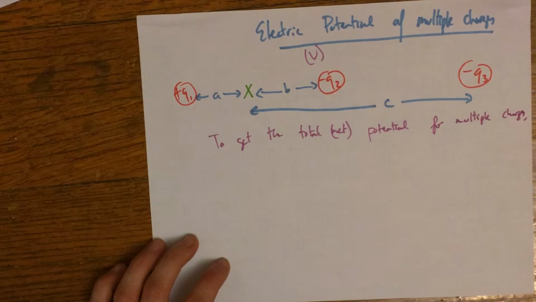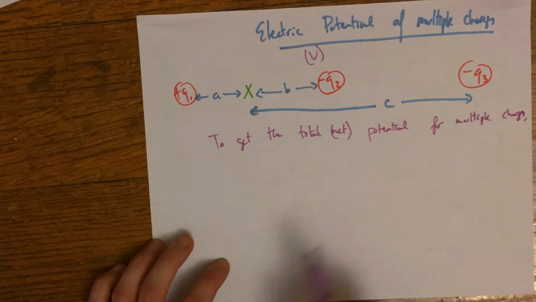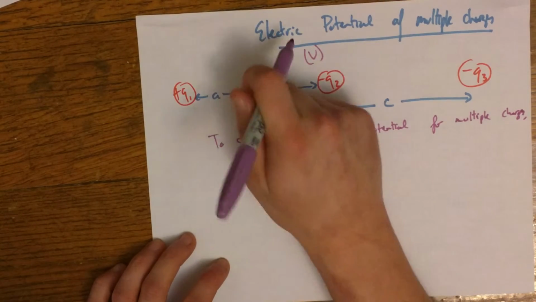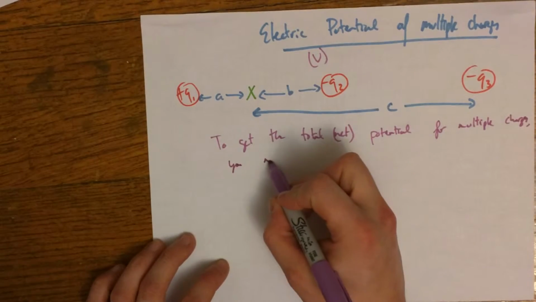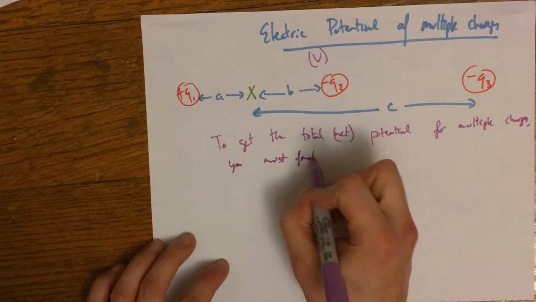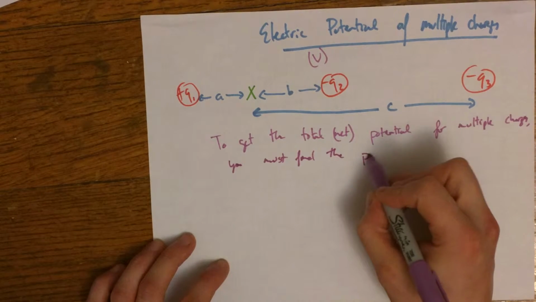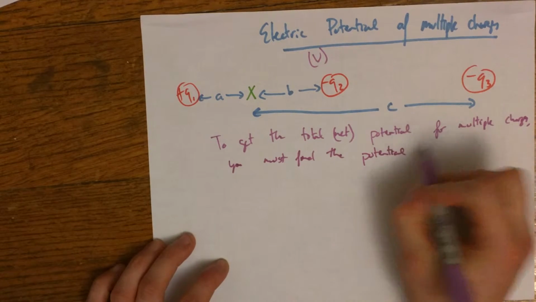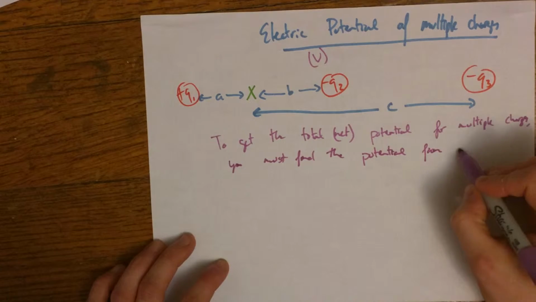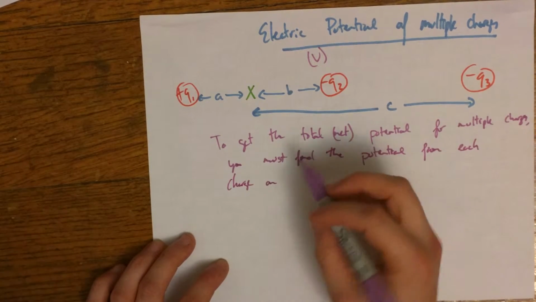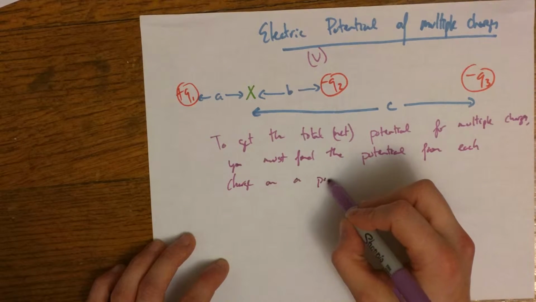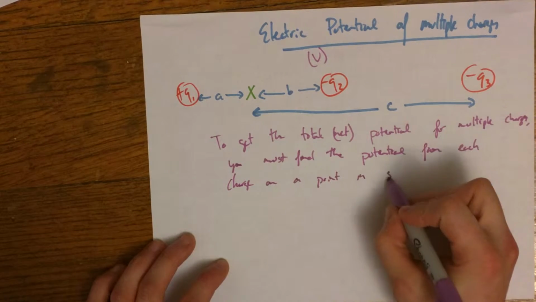You have to get the potential for each charge on this given point in space. You must find the potential from each charge on a point in space.